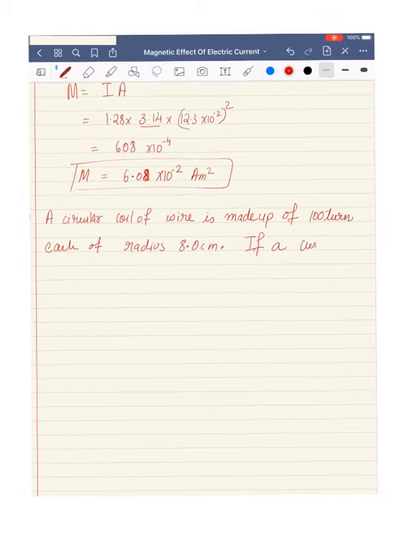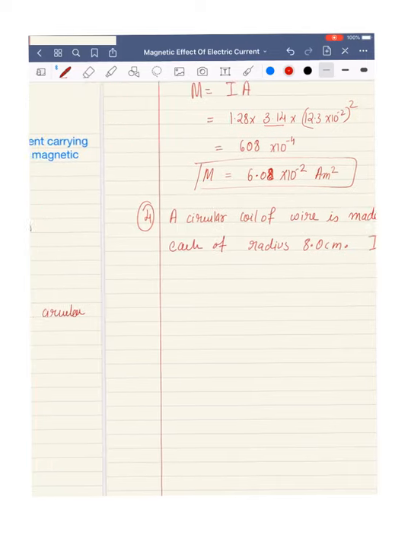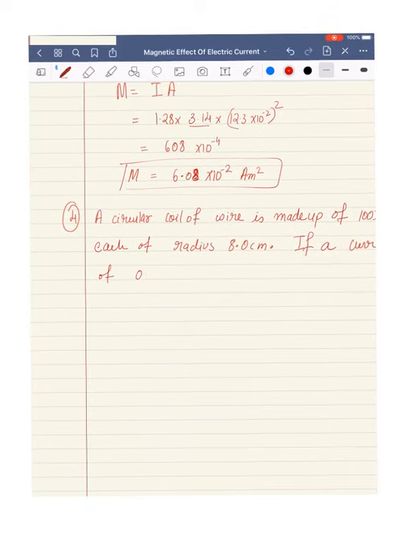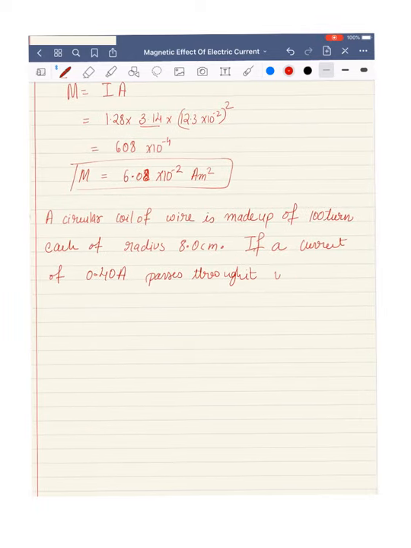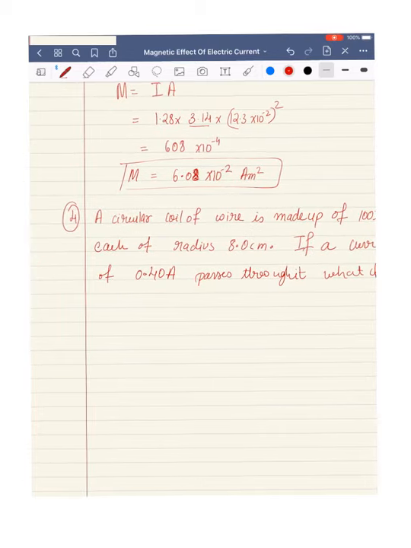If a current of 0.40 ampere passes through it, what will be the magnetic field at the center of the circular coil?